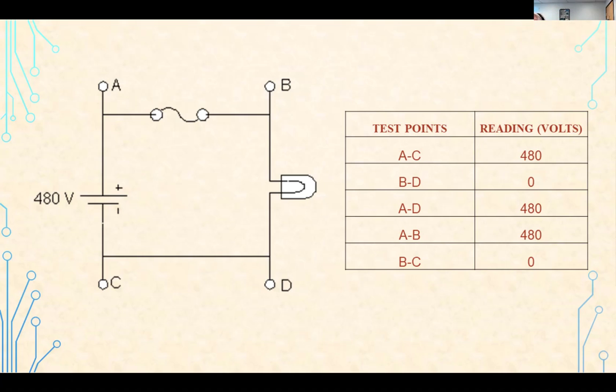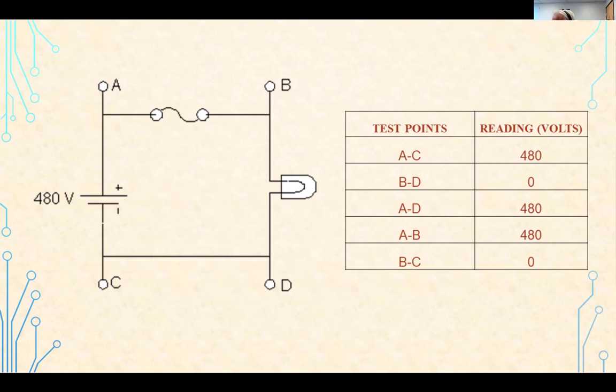And then finally, if you had a circuit and you took measurements with your voltmeter, multimeter, and you tested from point A to C, and this is the reading that you got. You tested from B to D, this is your reading.